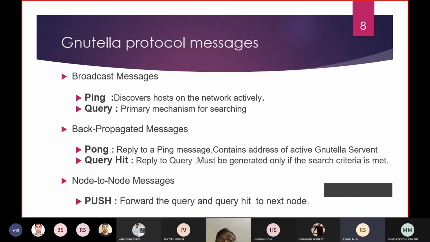Back-propagated message, pong. If we send a ping message, a pong message comes. A pong message is the reply to the ping message, and it contains the address of an active Gnutella servant. Query hit: if we are searching for something and it is found on some peer computer, then we say query hit.